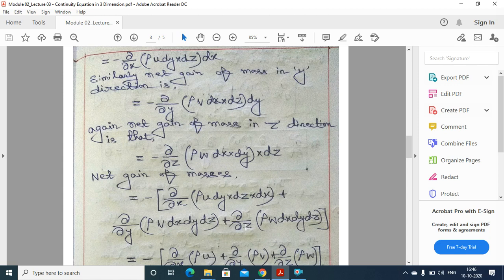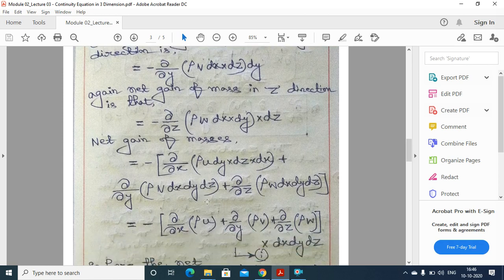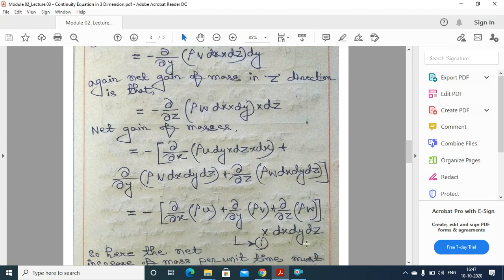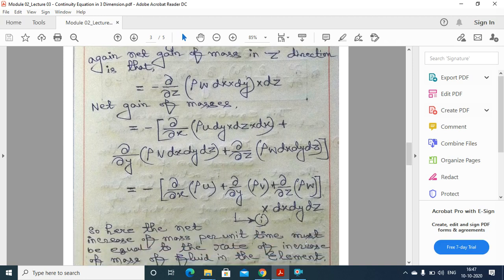That is the total gaining of mass in this element. Now if we take the common dx, dy and dz, it becomes minus, within the third bracket, del x rho u plus del y rho v plus del z rho w, into dx dy dz. So this will be our equation number 1.